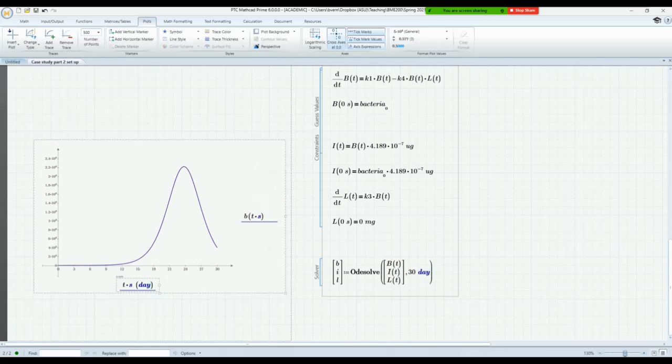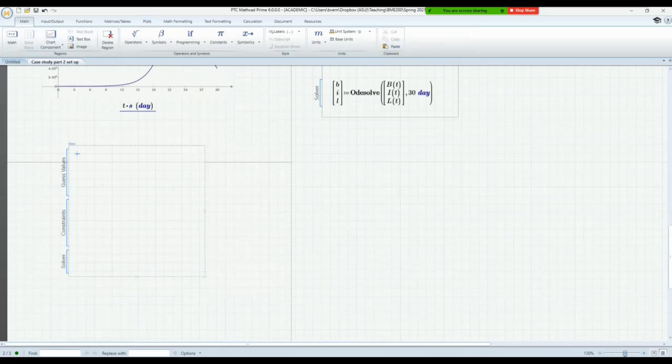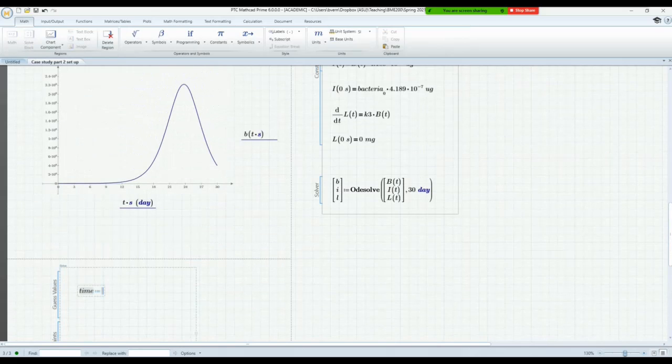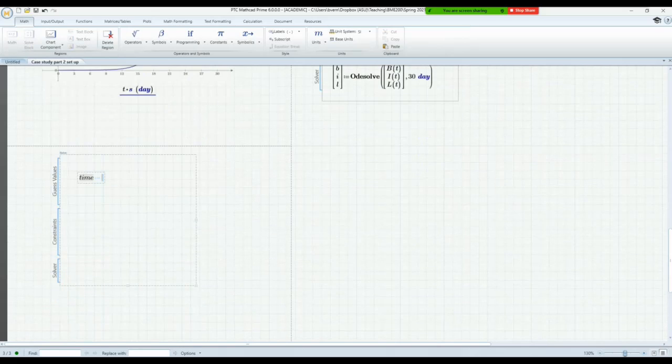Well, one way I did that in MathCAD is to do a solve block, and come in here and do a time to stop. Let's guess it's somewhere about 23 days. So let's say 23 days.